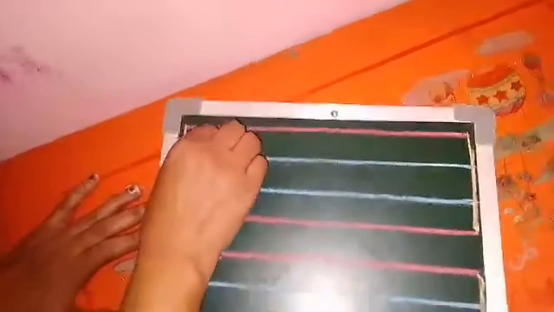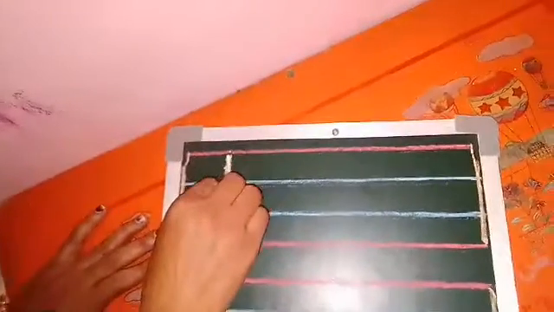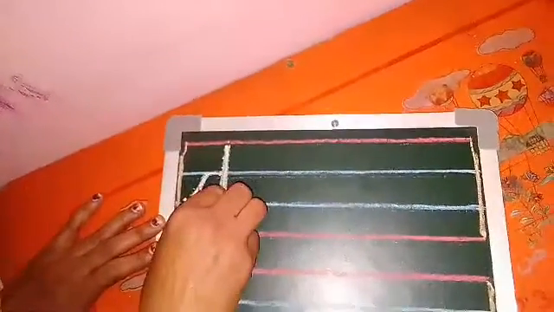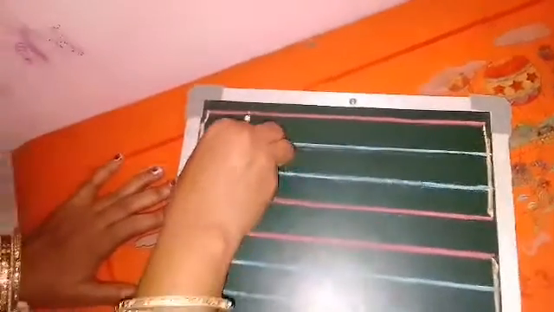Downward, first line to third line and a little bit upward. It makes D. Repeat it with me again.